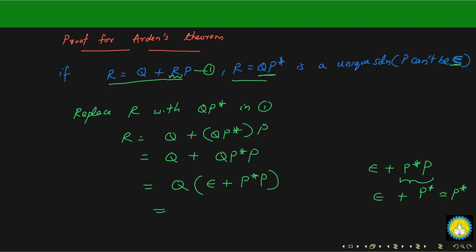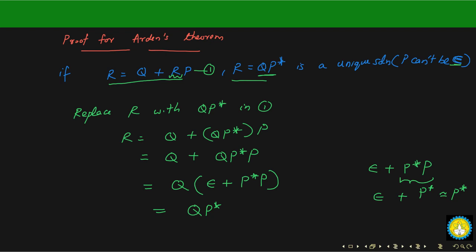So this can be written as Q into P star. Okay, so we could prove that if we put back QP star as R in our original expression, it becomes valid. So our step 1 is complete now.